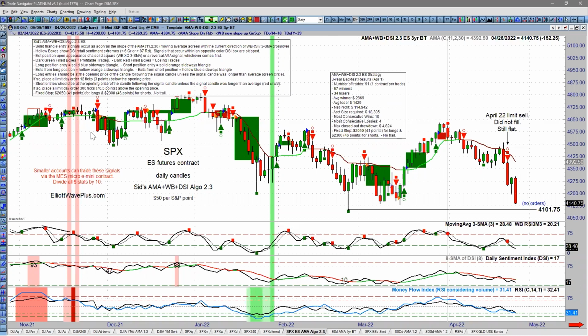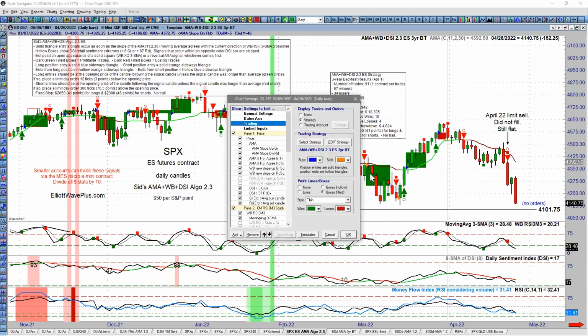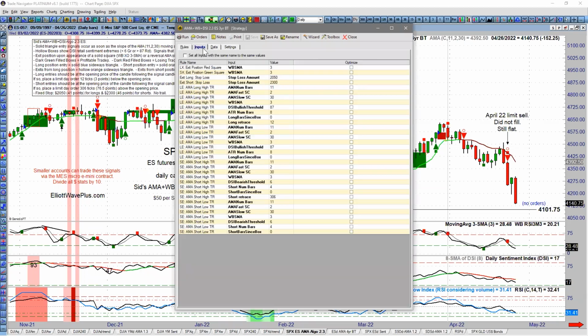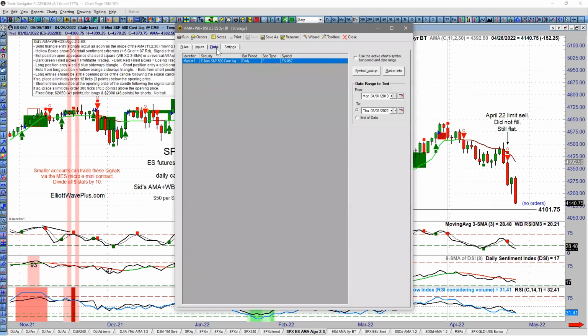And the reason I'm showing the S&P, you can see all the green winners. The red blocks are the losers, and it's just been doing a fabulous job of finding the spots where there's enough momentum that it is likely to continue a bit further, enough to produce a winner.